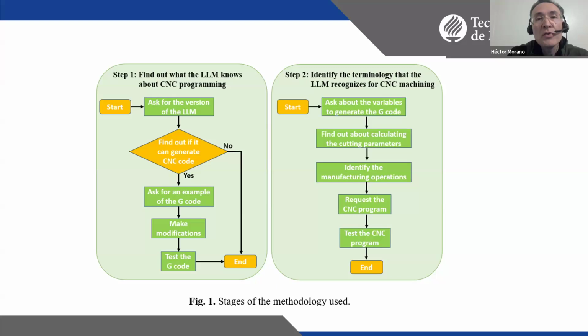It is essential to share the prompts with the answers, since the reader can observe the information asked of the LLM and the answer it gives. With this, it is possible to analyze the concepts the LLM handles, the commands, and how the G codes are programmed. The second step was identifying the terminology the LLM recognizes for CNC machining.